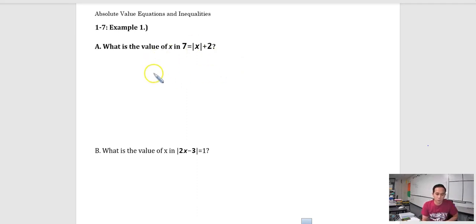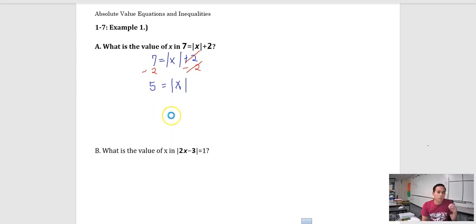So I'm going to subtract 2 from both sides. Of course, this will be canceled out, so it will be the absolute value of x is equal to 7 minus 2, which is 5.